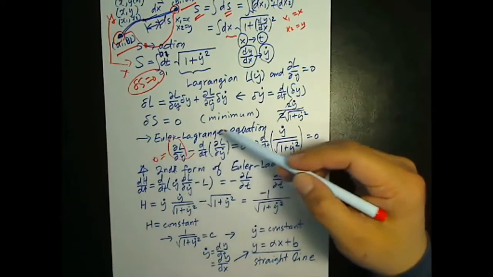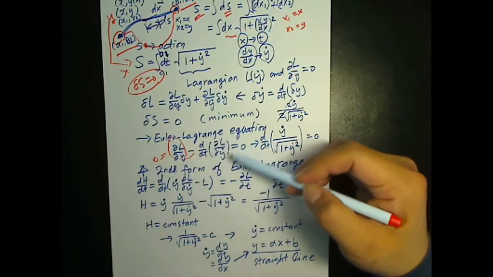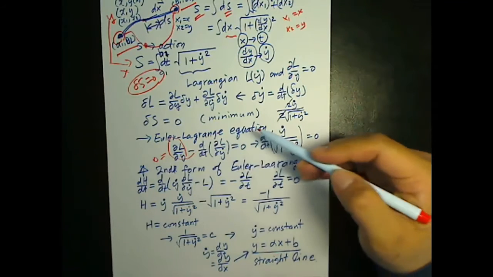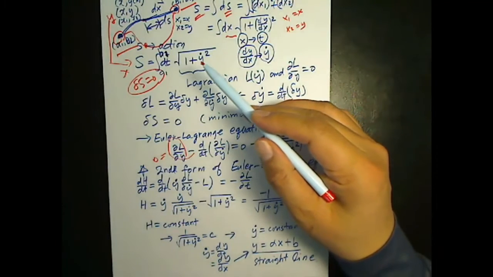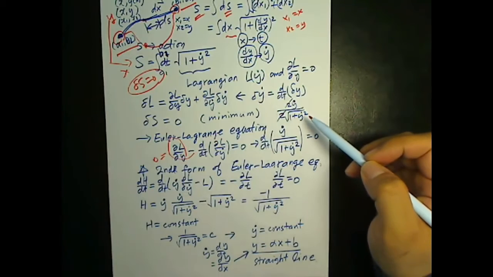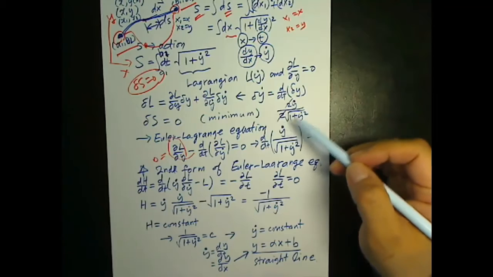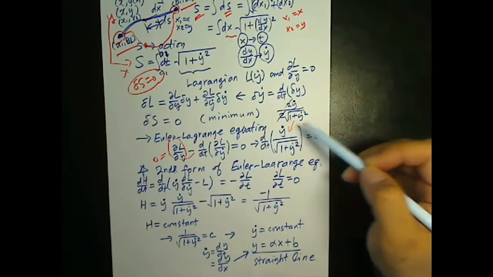Therefore, this conjugate momentum is constant. The conjugate momentum can be computed by taking the derivative of this with respect to y dot. That is 1 over 2 times the square root of 1 plus y dot squared, multiplied by the derivative of this with respect to y dot, that is 2y dot. So the 2 cancels, and this is the conjugate momentum.